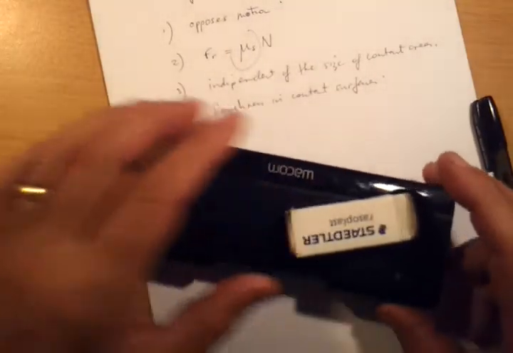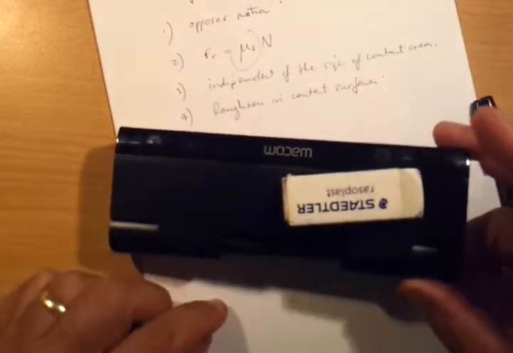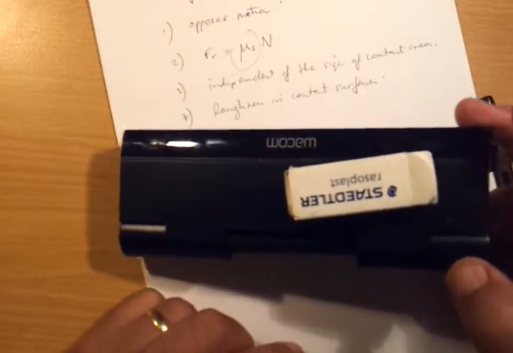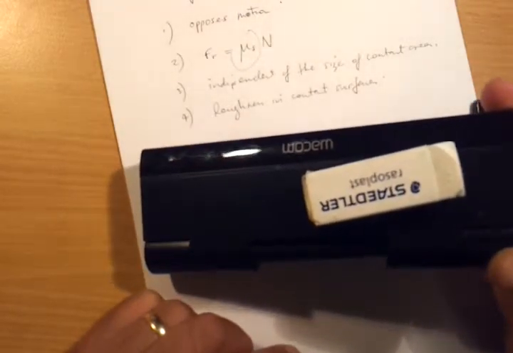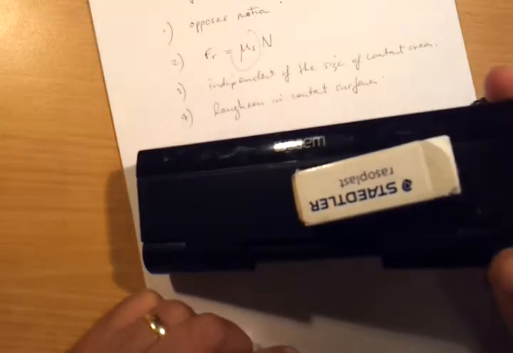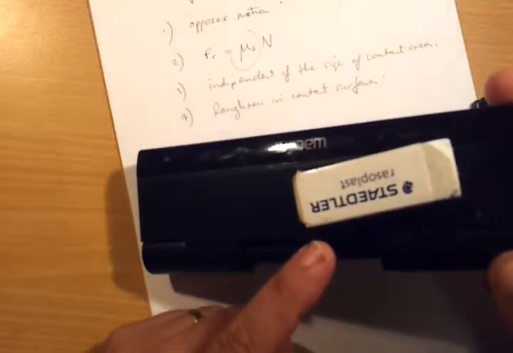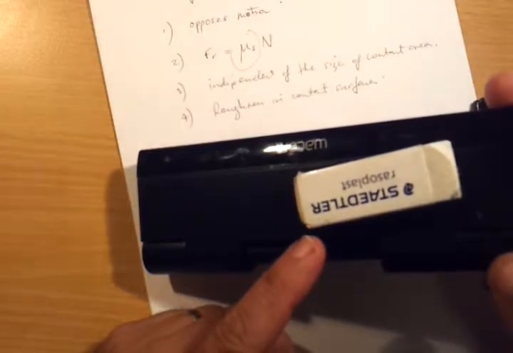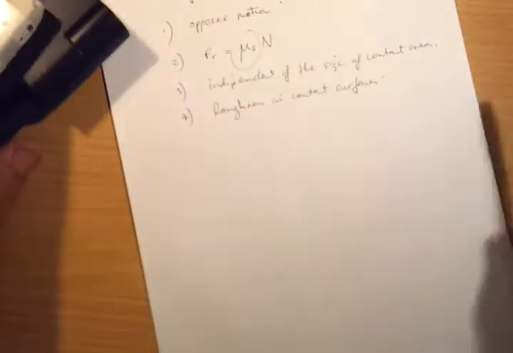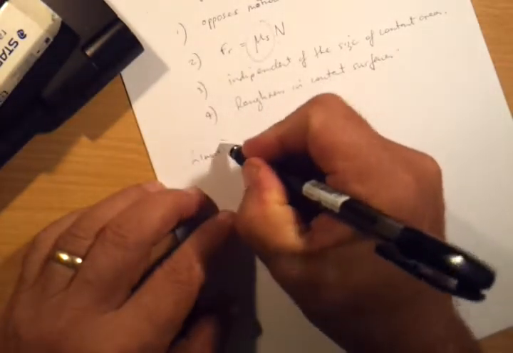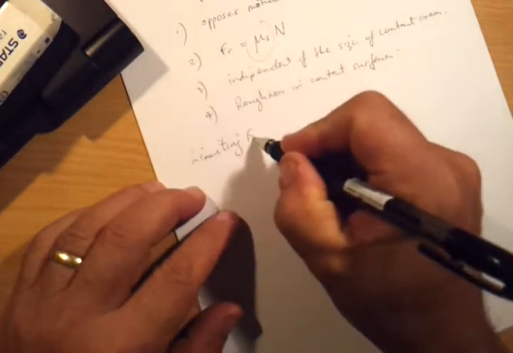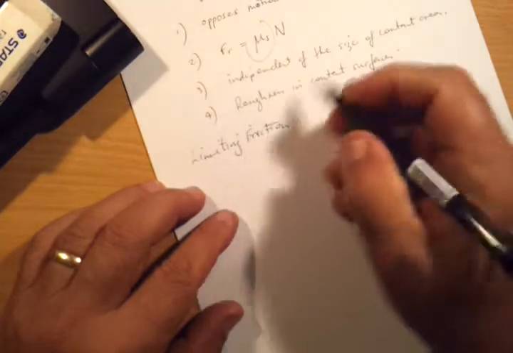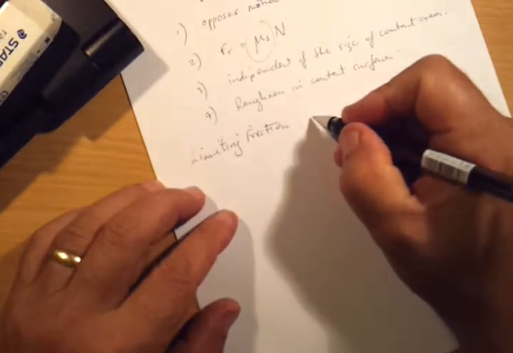Okay, now it's just like I held up this object over here and I started to lift it up. You'll notice that just on its own weight, this rubber will reach a certain angle before it begins to move. Now at that point, just before it's about to move, the frictional force is at its maximum, and it's called limiting friction. So limiting friction is really the frictional force at its greatest.